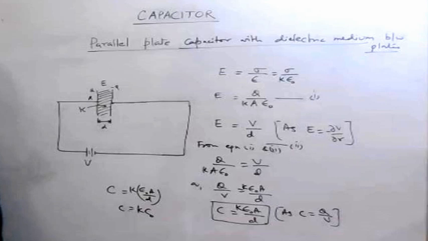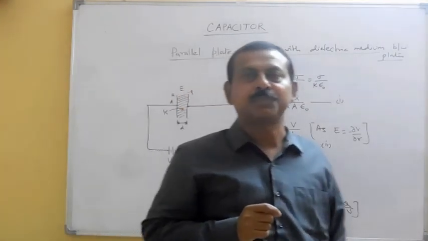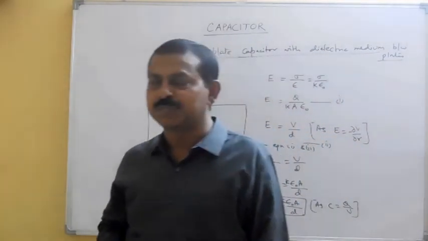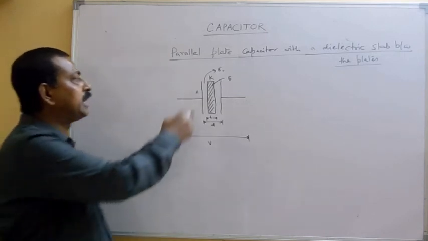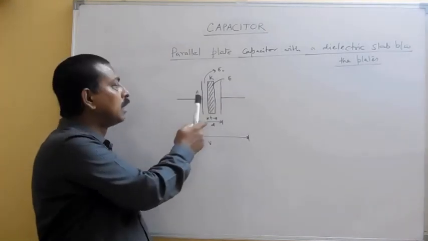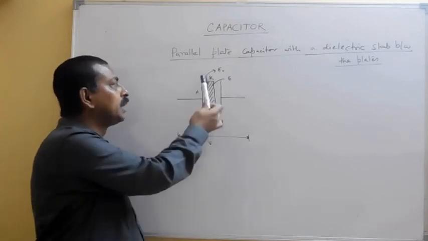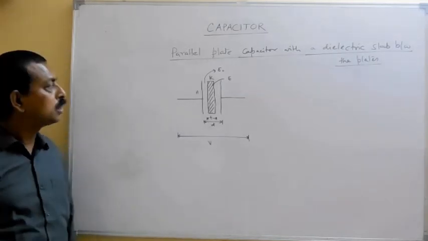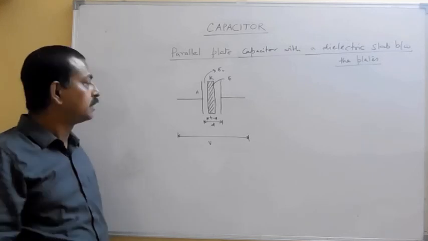Now we'll go for the next derivation, that will be the expression for capacitance of a parallel plate capacitor with a dielectric slab between the plates of the capacitor. So let's do that one. Let's take that between the plates of the capacitor, having plate area A and plate separation d, we have a dielectric slab of thickness t put between the plates, and K is its dielectric constant.